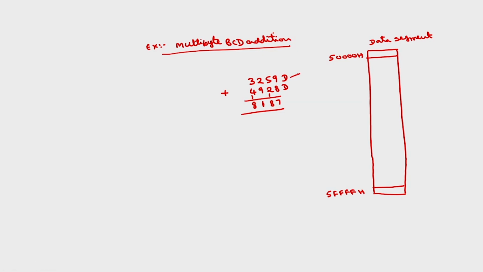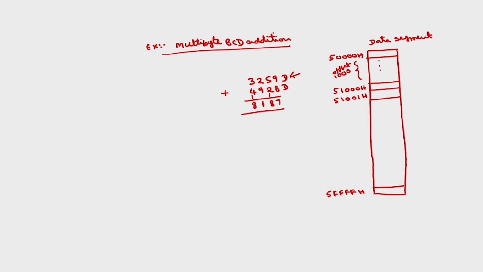To store the first number we require 2 locations. I am taking this location with an offset of, say, 1000, so the address will be 51000H.